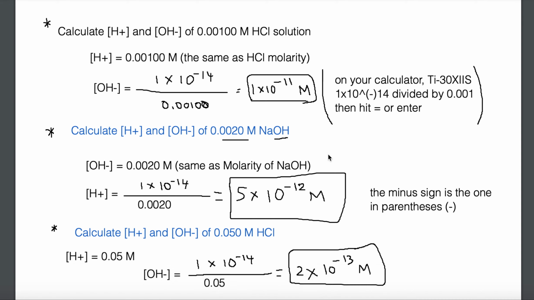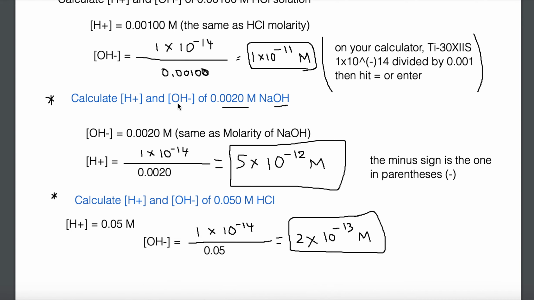Okay, in this situation, we have 0.0020 M sodium hydroxide. Now, because sodium hydroxide has one OH, the OH molarity or concentration is equal to the molarity of sodium hydroxide, okay?